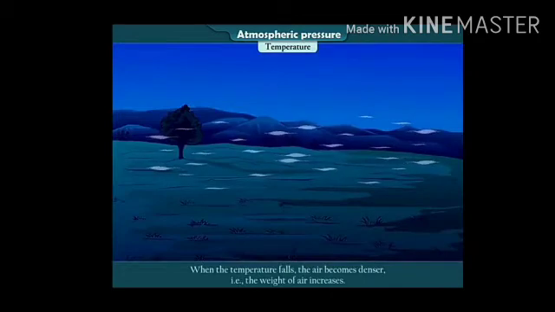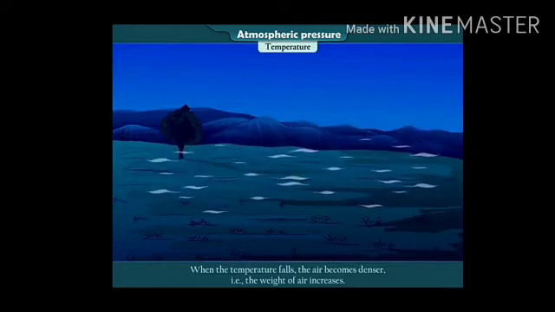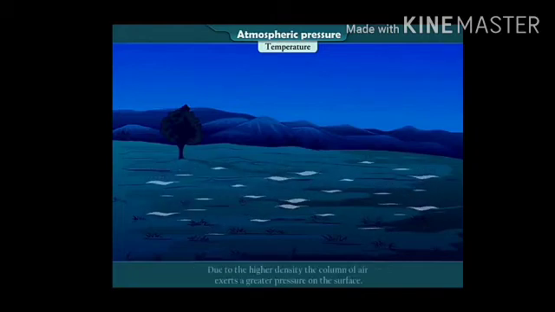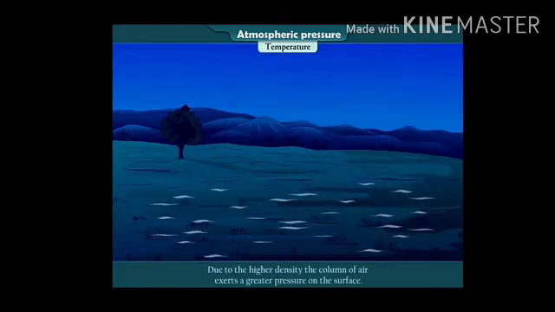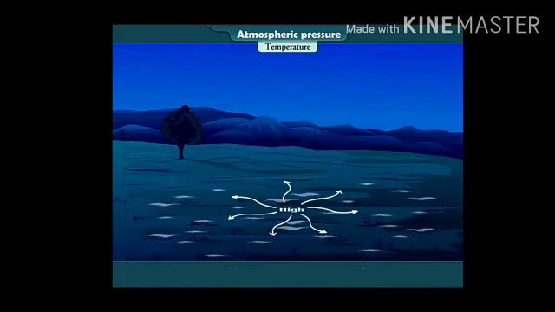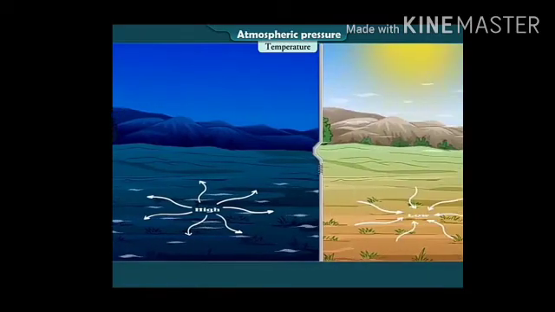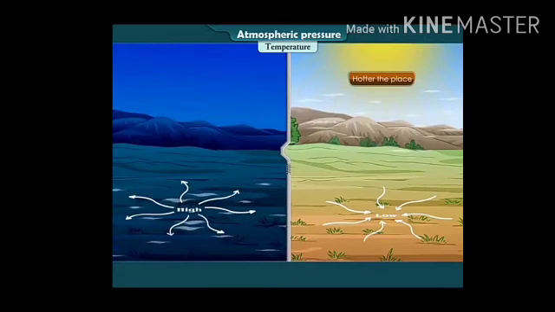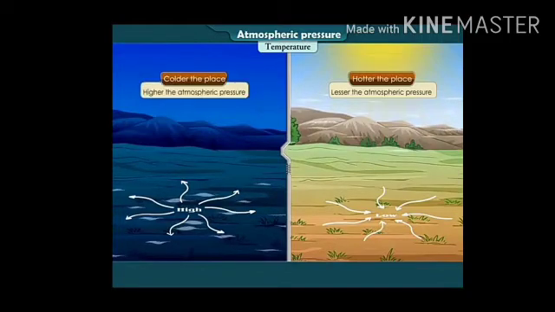When the temperature falls, the air becomes denser. That is, the weight of air increases. Due to the higher density, the column of air exerts a greater pressure on the surface. So, we can say that the hotter the place, the lesser the atmospheric pressure, and the colder the place, the higher the atmospheric pressure.